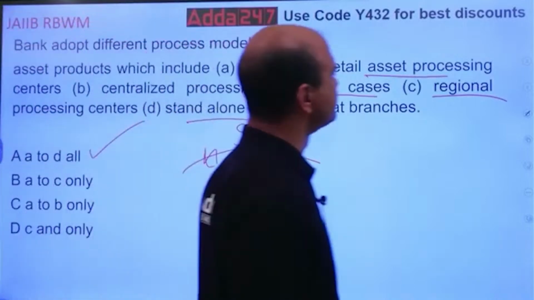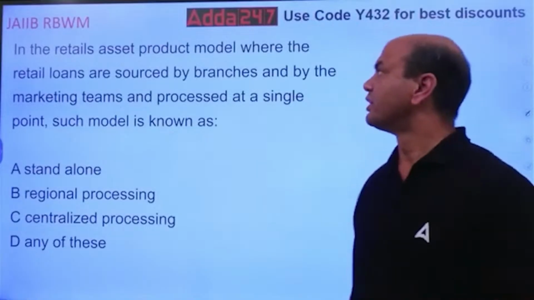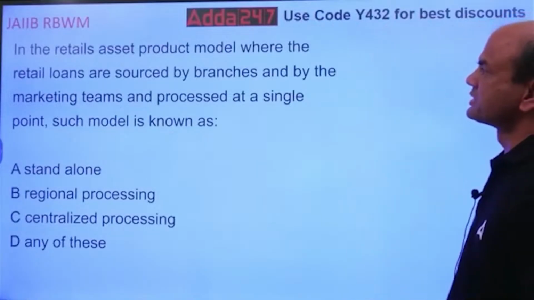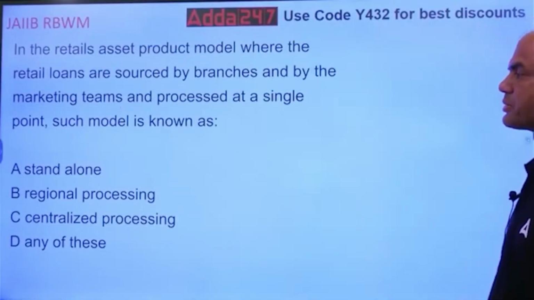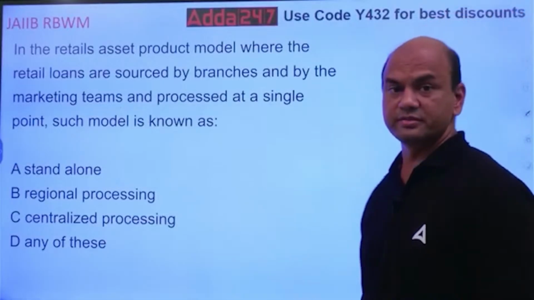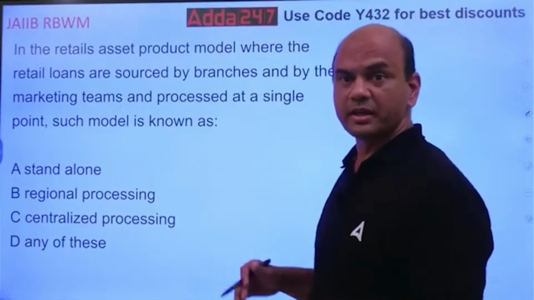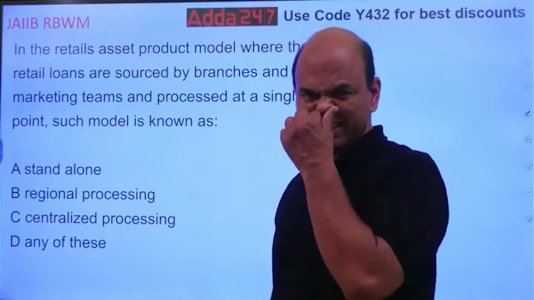Next. In the retail asset product model, where the retail loans are sourced by the branches and by the marketing teams and processed at a single point, such a model is known as? It's an upgradation from the earlier question, a step ahead.